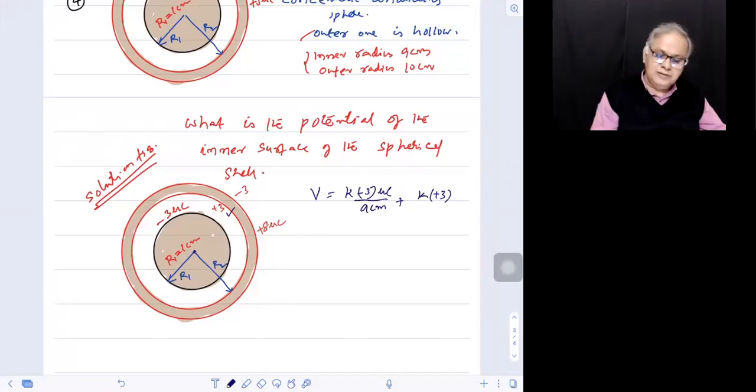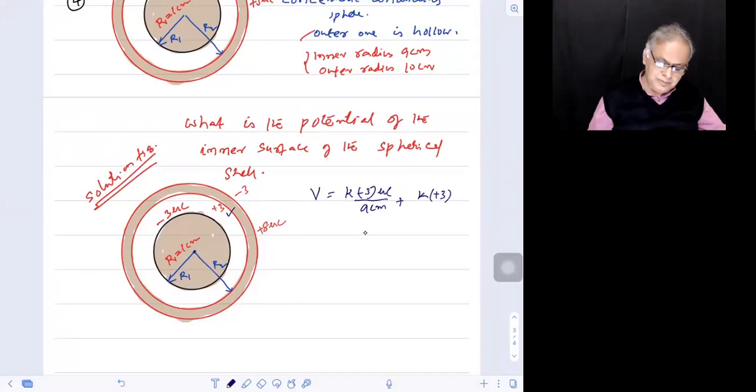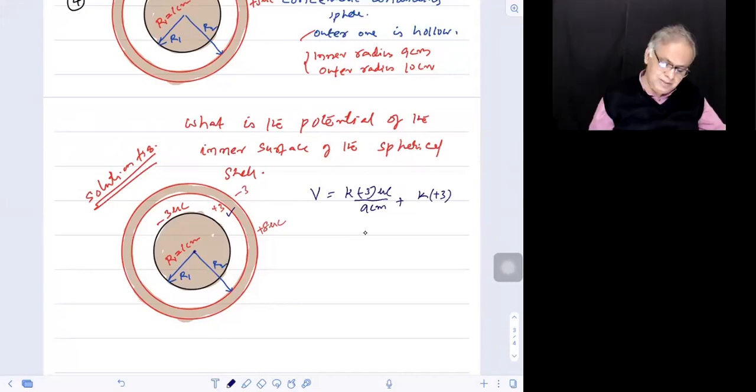What am I going to write here? I should remove this -3. Don't look at -3 now. Plus 8 excess charge was there initially. Plus 8 or plus 5? What should I write?